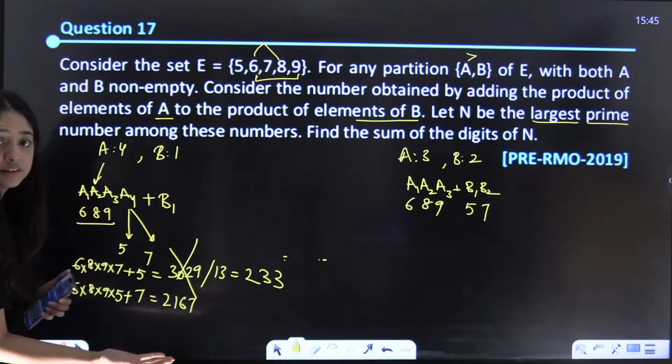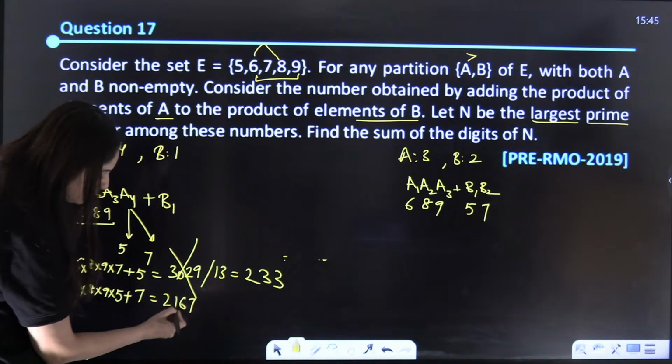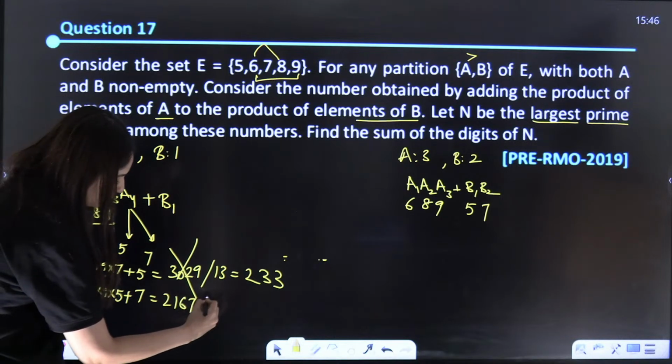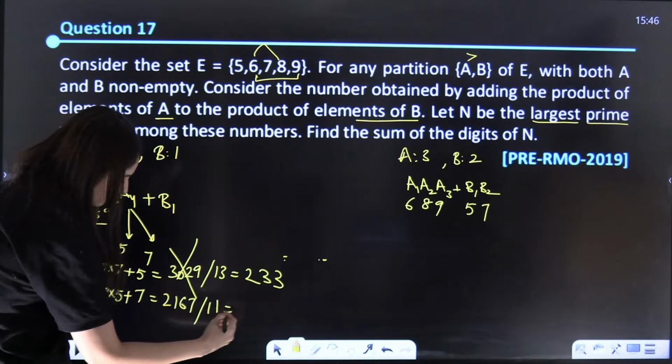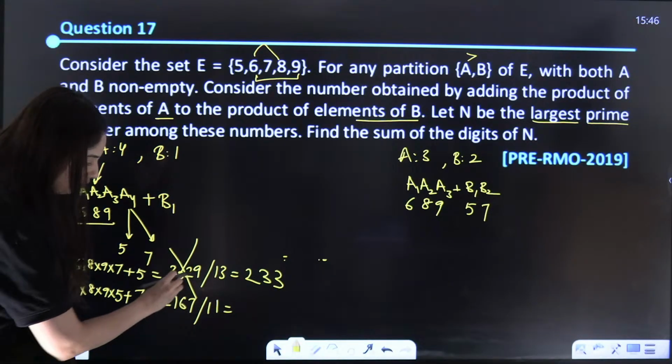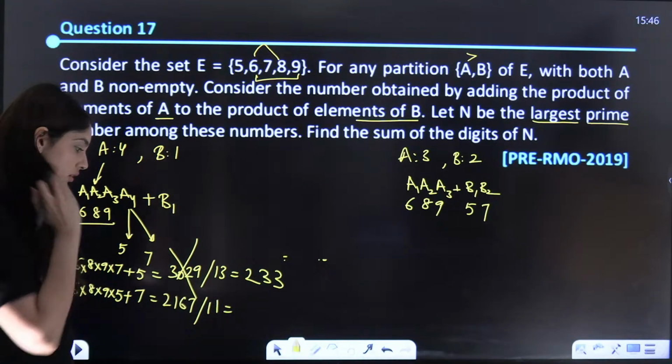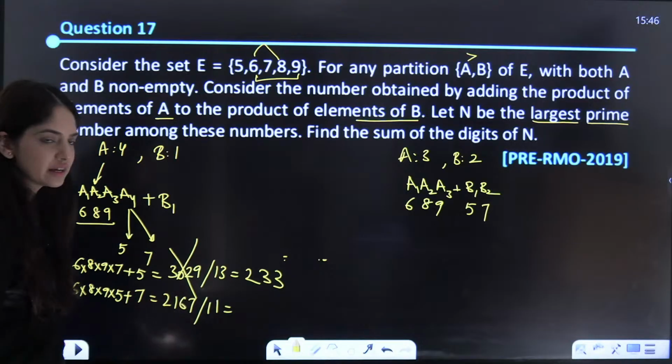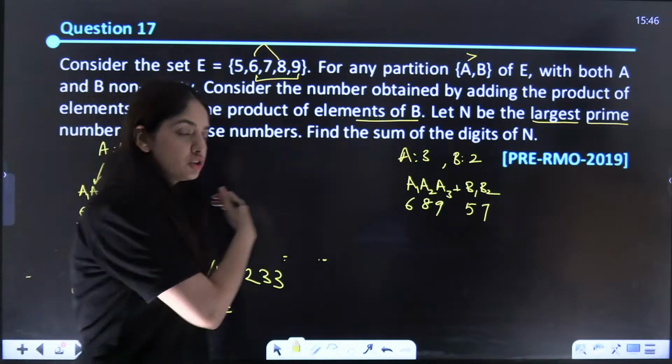This is clearly divisible by 11 because 7 plus 1 is 8, 6 plus 2 is 8. So this is divisible by 11. I don't even need to check what will be the quotient, what will we get when we divide it by 11, because we can clearly see that it's divisible by 11. So these two are not possible.